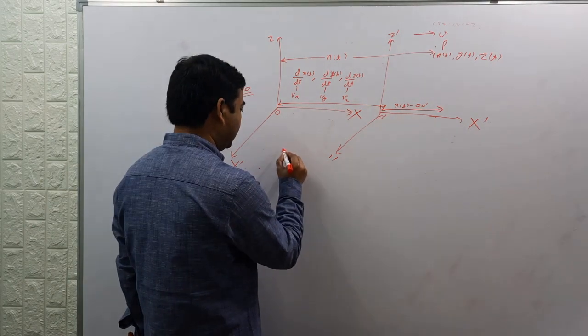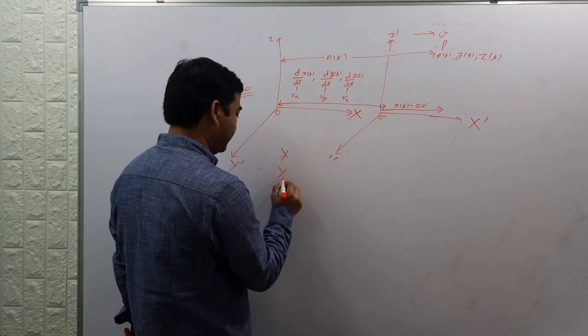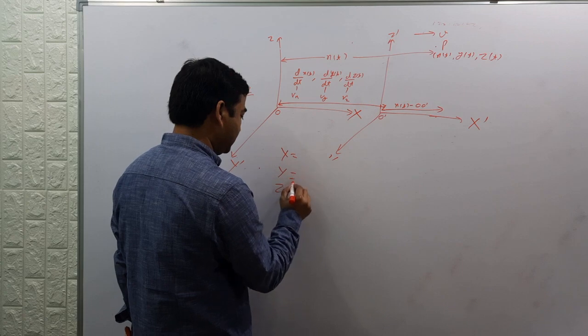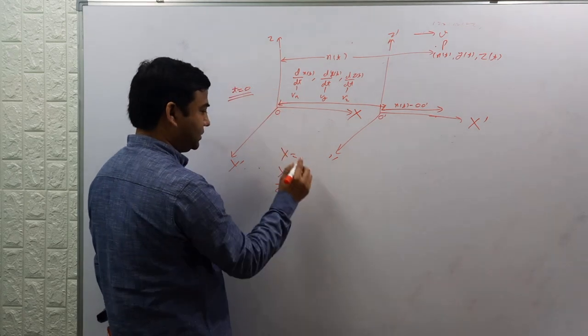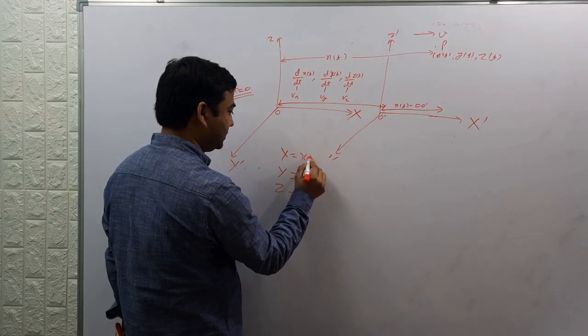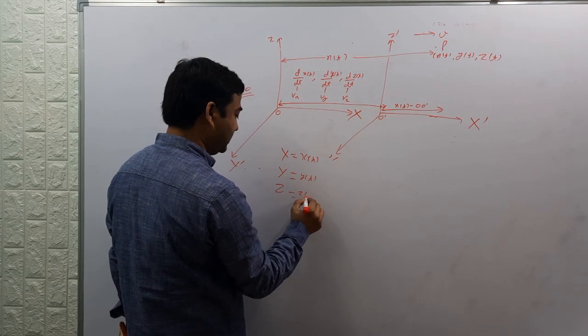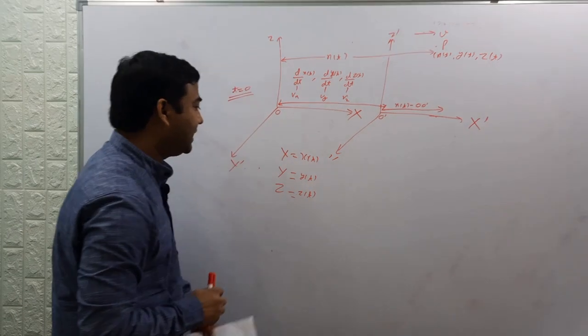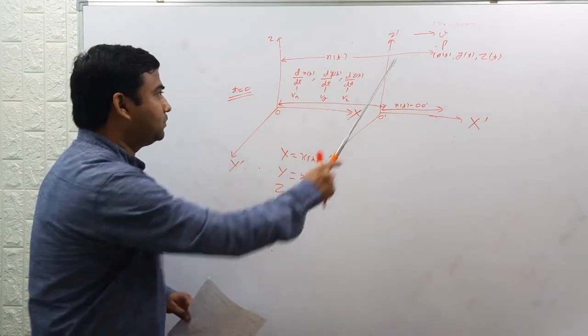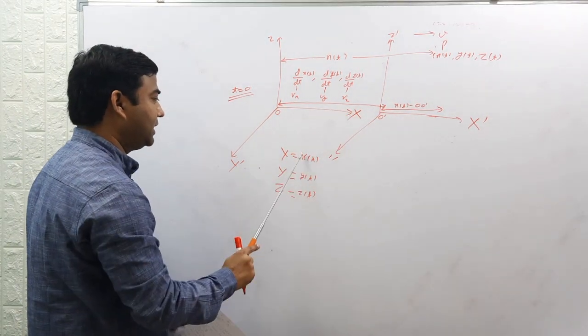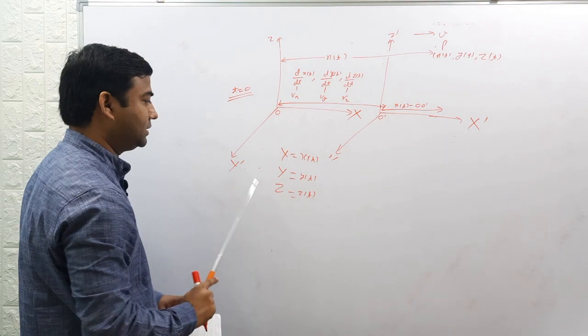We have seen that in this coordinate system it is xt, it is yt, it is zt. After time t, coordinates of this point relative to this frame are given by this x, y, z.